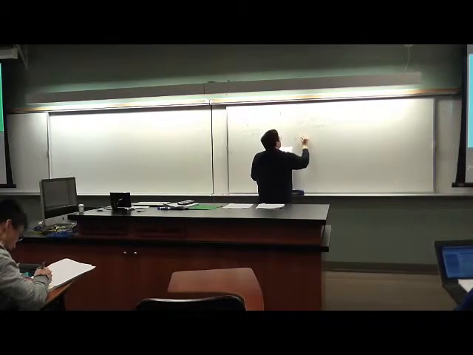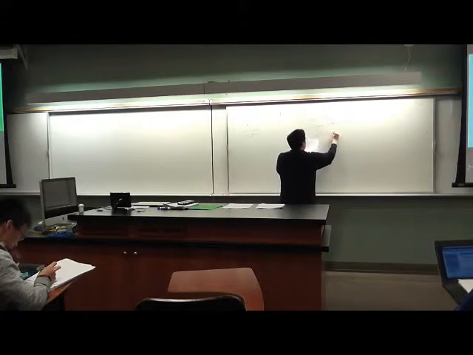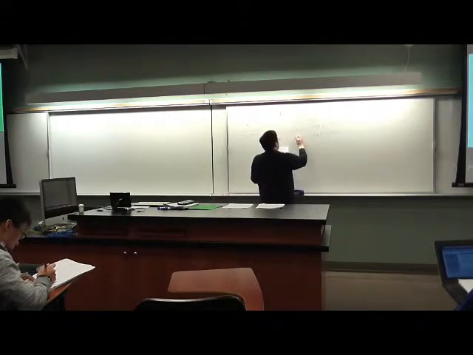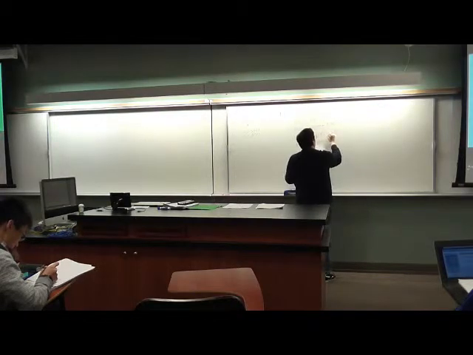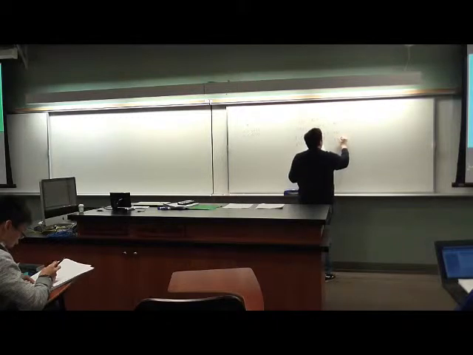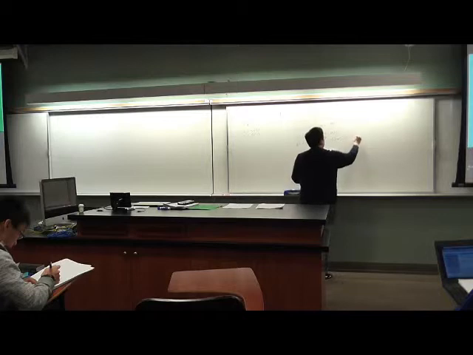And g prime of t. G of t is sine of t minus t cosine of t. So g prime of t is cosine of t minus t times negative sine t plus cosine of t. And of course, these now cancel.